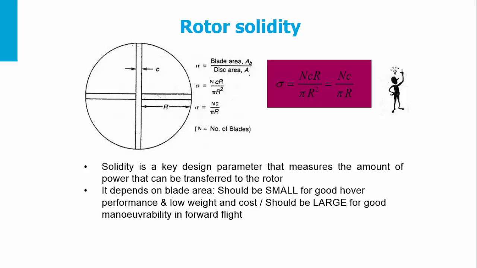It is a key design parameter that measures the amount of power that can be used by the rotor. So, in order to have a good hover, one should have a small solidity. In order to have good performance and agility, one should have a large rotor solidity.